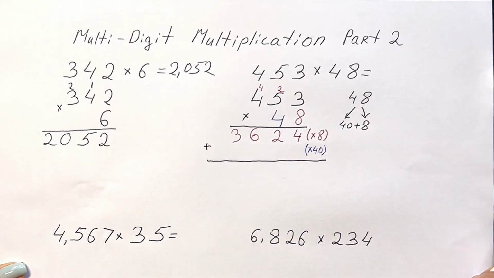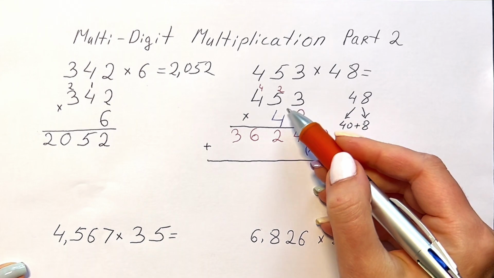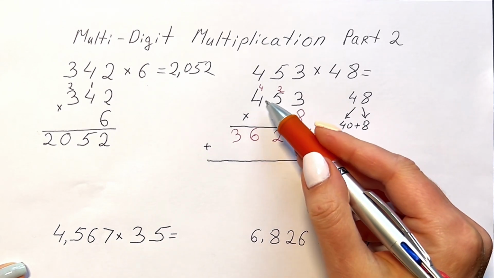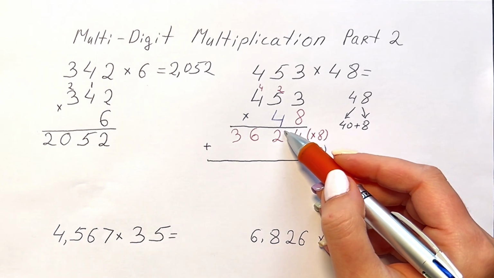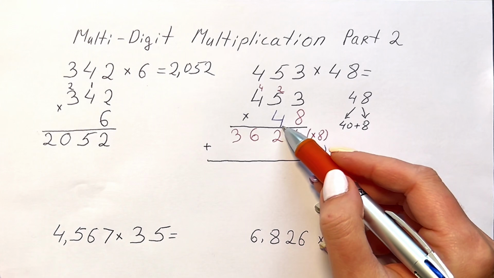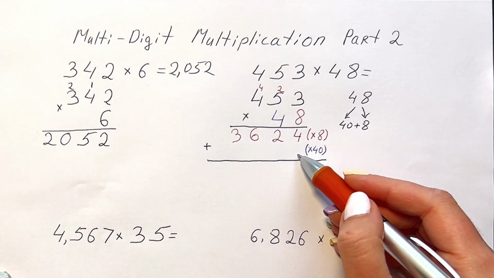Okay, we finished the first step. Let's do the second step. In the second step, we have to multiply 4 by 3, then by 5, then by 4. Because 4 is in the tens place, its value is really 40, not 4. That's 10 times bigger. So the answer we get should also be 10 times bigger.